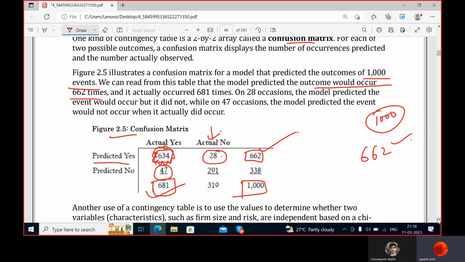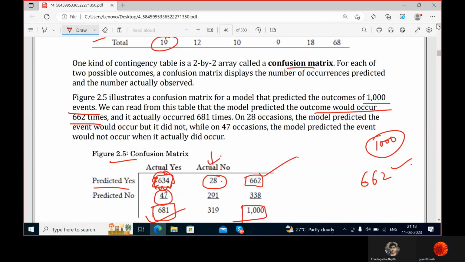Shall we go forward or do you want to read it once? I'll have to read it once later so that I fully grasp it. Once you read, Abhijit, any doubts, ask me, please. I'm giving you time.